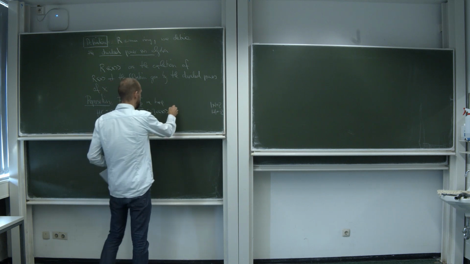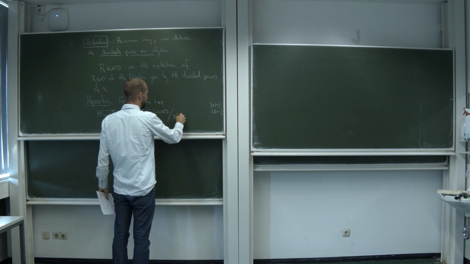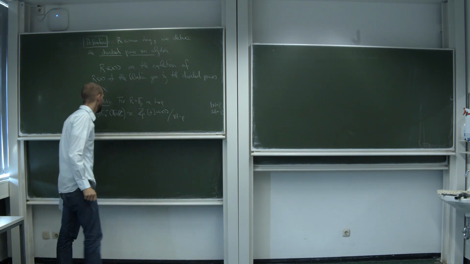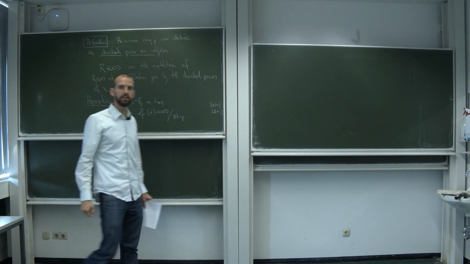And then there's a single relation, namely XT minus p. So that's what HC minus is.